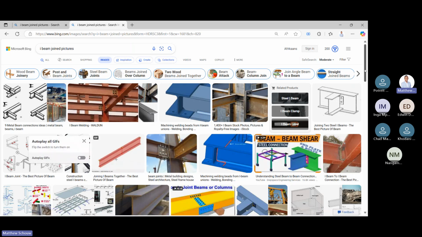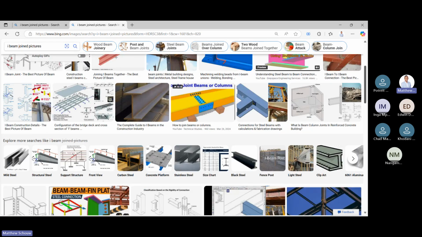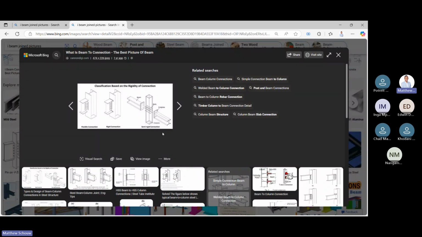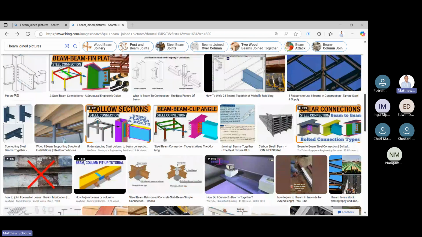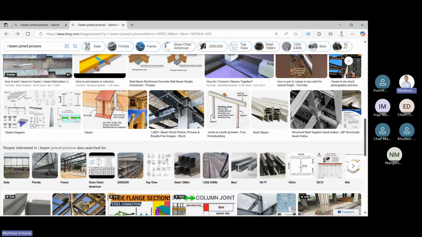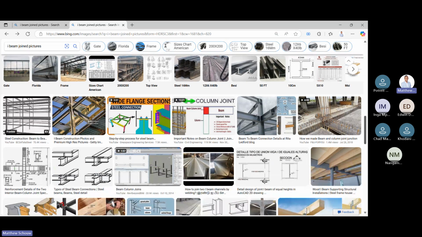So they try to put it as close as possible to the center, to the centroid of the beam. That's the logic behind it, because there's no stress acting there. I could show you a few, but that's the basic idea.